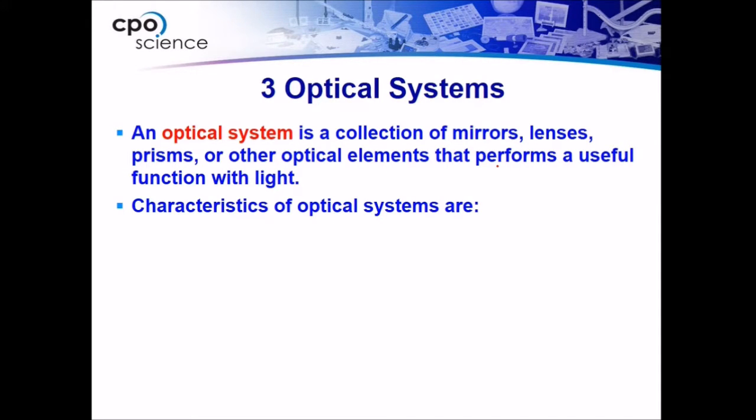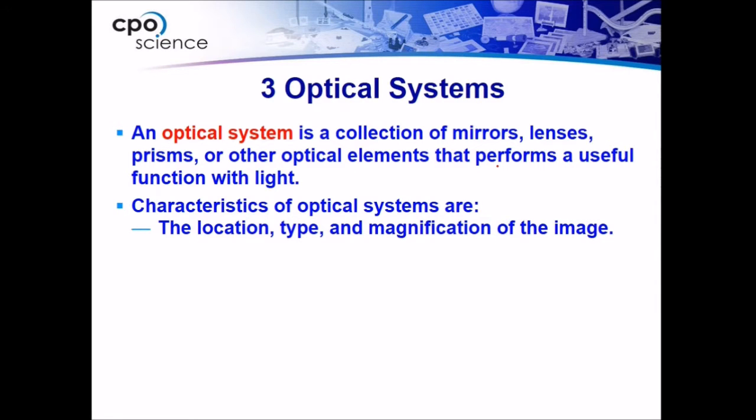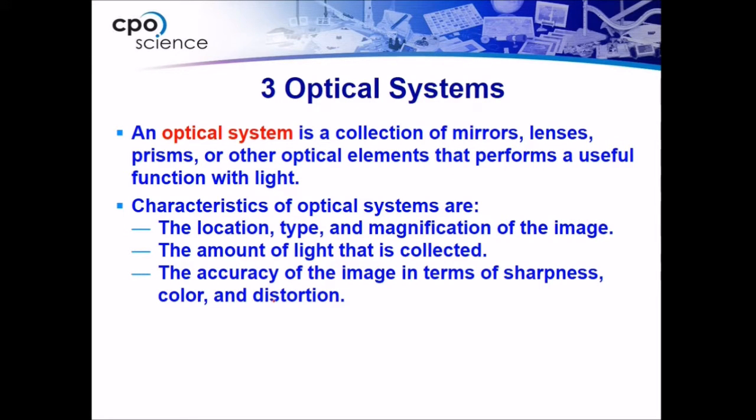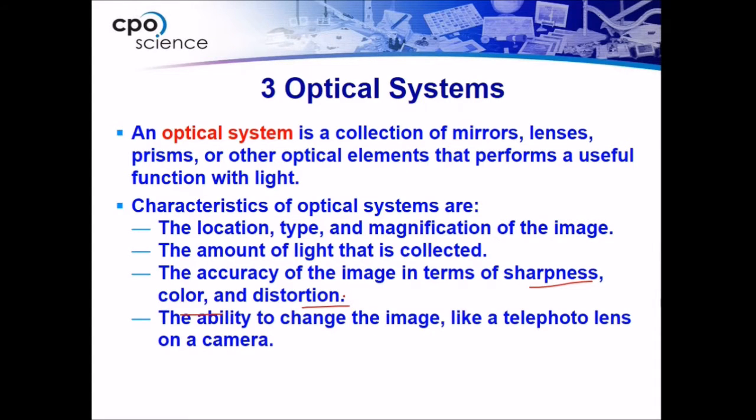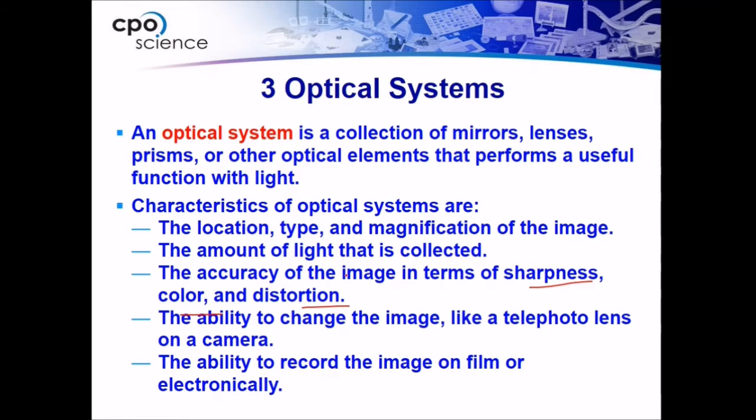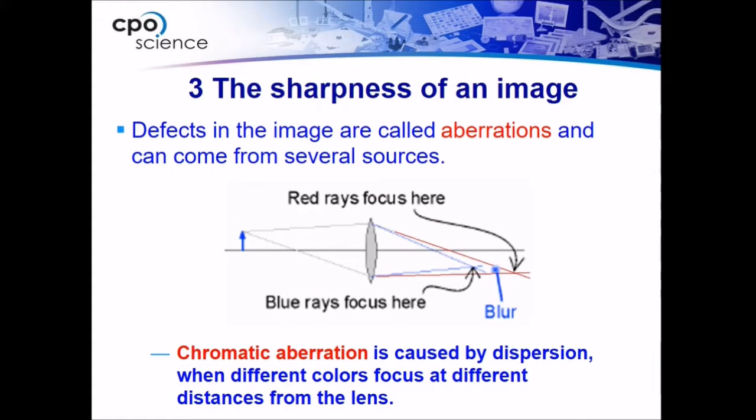Characteristics of optical systems are the location, type, and magnification of the image, the amount of light that is collected, the accuracy of the image in terms of sharpness, color, and distortion, the ability to change the image like a telephoto lens on a camera, and the ability to record the image on film or digitally, electronically.